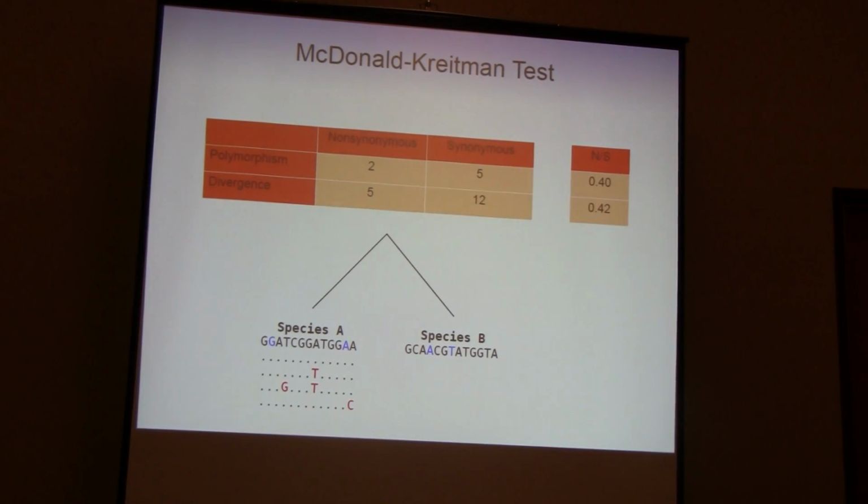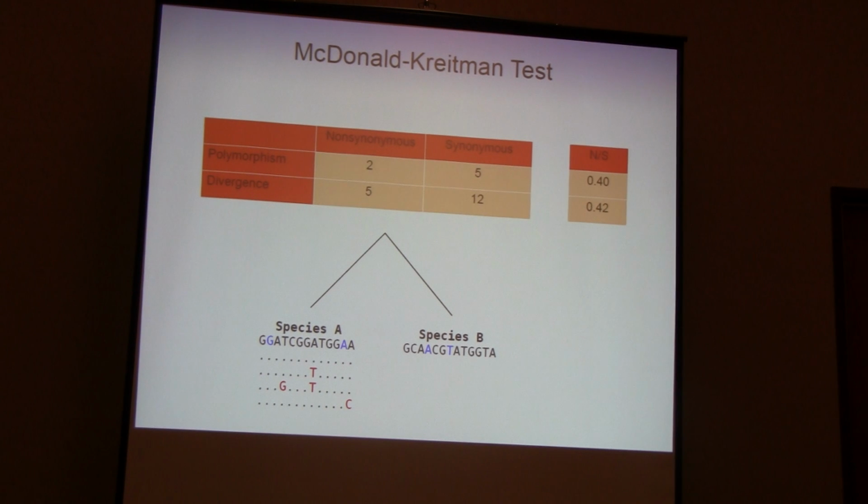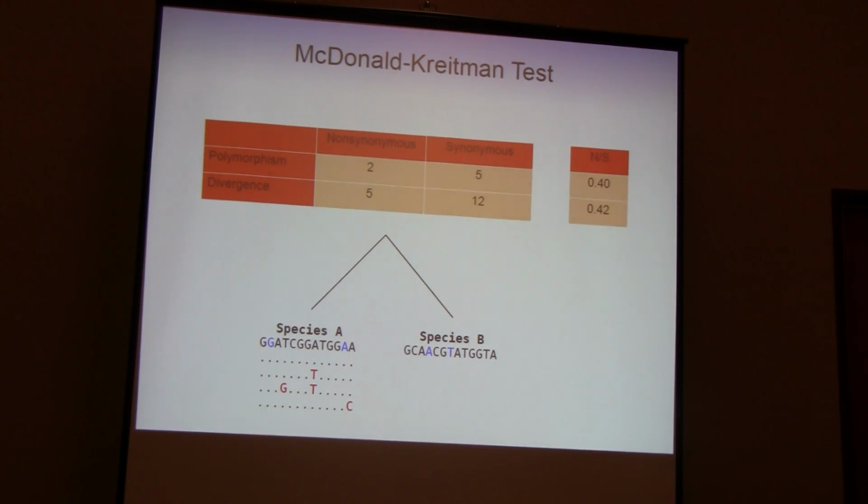One of the most commonly used statistical tests for neutrality is the McDonald-Kreitman test, which very simply compares DNA polymorphism within one or in some cases two species to divergence between species. And the test is elegant in its simplicity.